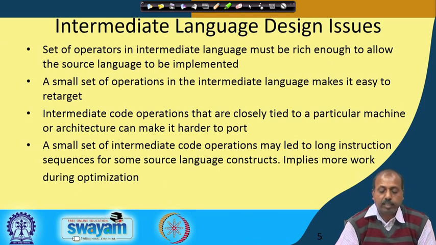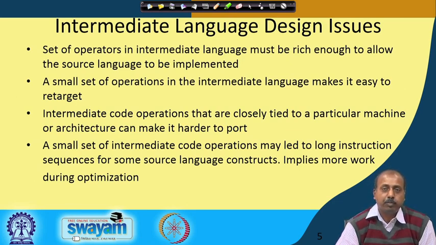Intermediate code operations that are closely tied to a particular machine or architecture can make it harder to port. Like there may be certain operations which are specific to a particular processor. For example, in the x86 architecture, there is an instruction by which you can copy a block of memory locations from one region of memory to another region.